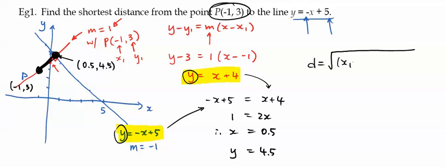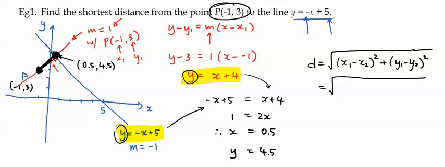Here is the distance formula. Basically, it is the difference of the x coordinate, the difference of the y coordinate. You square each of them and solve it.